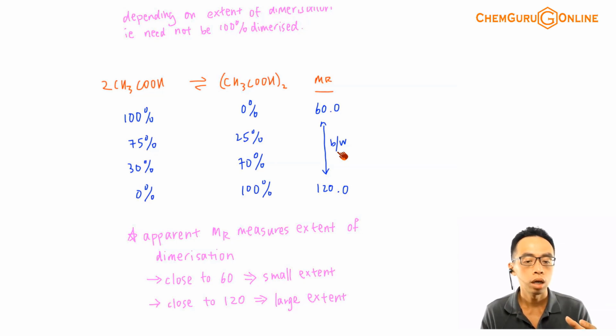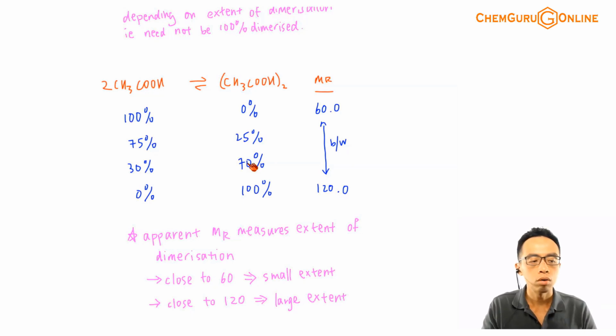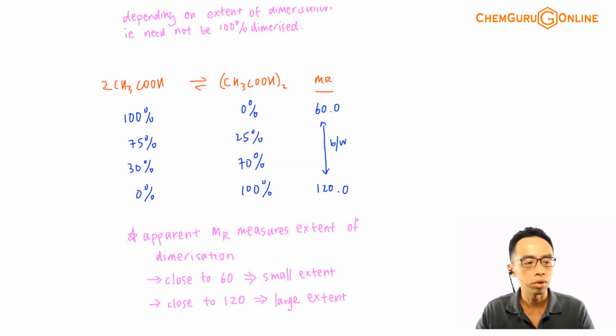So the apparent MR tells me some information about this process of dimerization: what is the extent of that dimerization? How much of it has been dimerized? It tells me something about the extent of dimerization, correct?